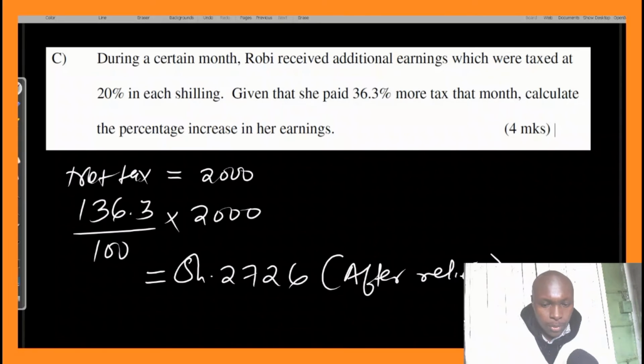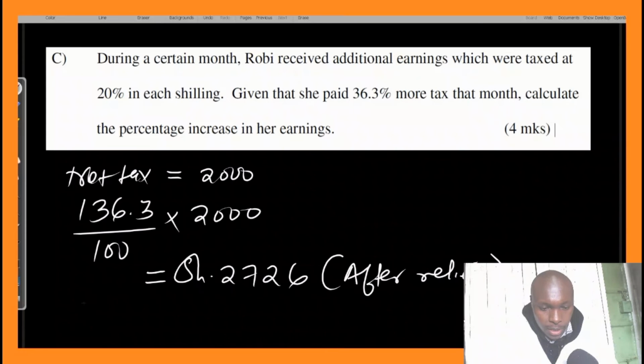Now, the question you're supposed to ask yourself is, what about before the reliefs? What will be the amount? To work this out, we are going to add the relief, since they were subtracted to arrive at this figure.